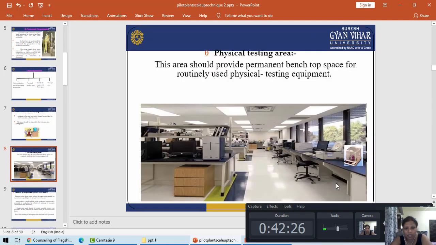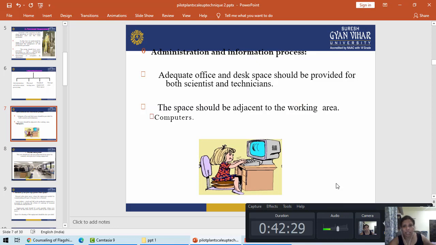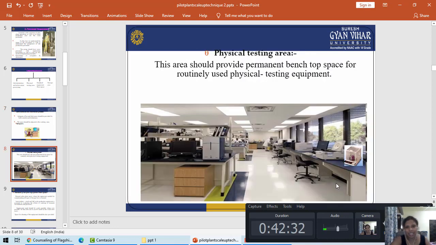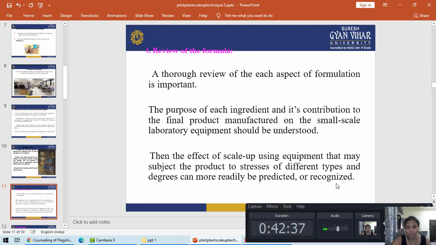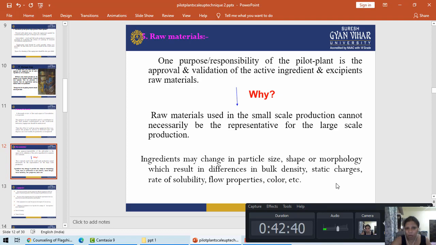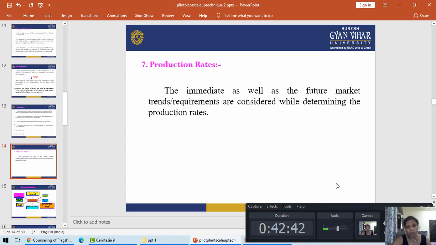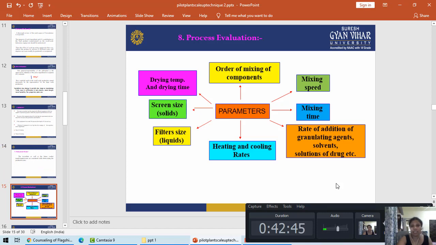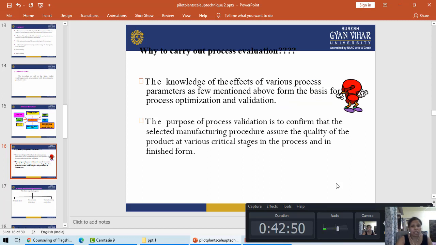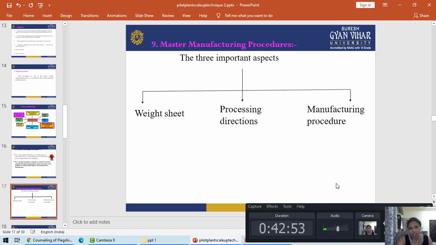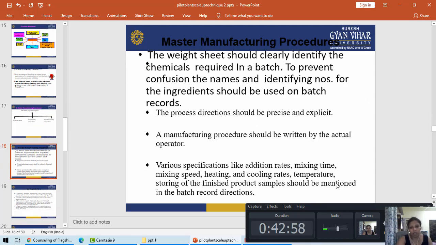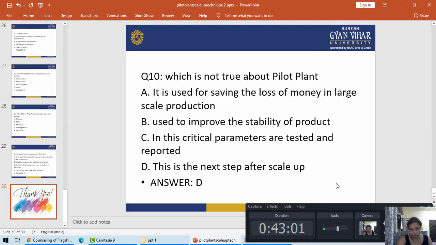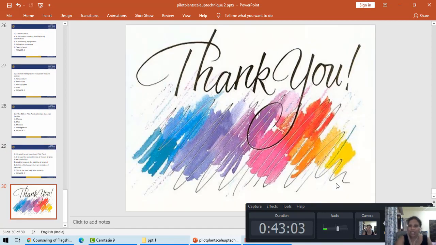We discussed the administration and information area, the physical testing area, the pilot plant floor space, storage area, review of formula, raw materials, equipment requirement, production rate, process parameters or process evaluation, the critical parameters, and why to carry out the process evaluation. We discussed the master manufacturing procedure in detail, and all the objective questions related to it. Okay, so thanks for watching.